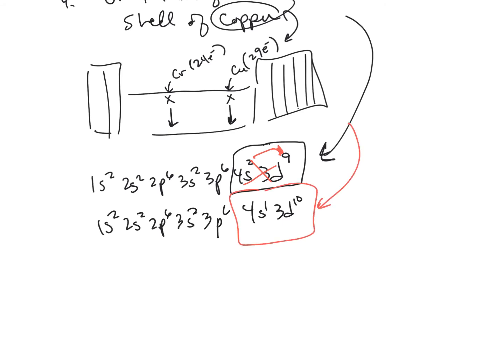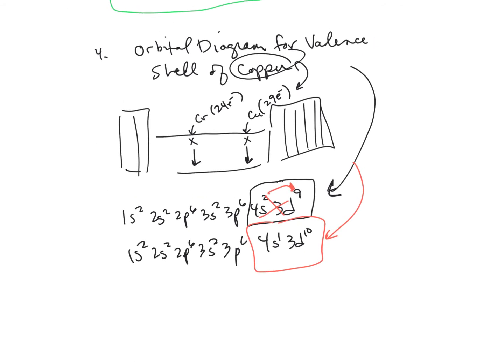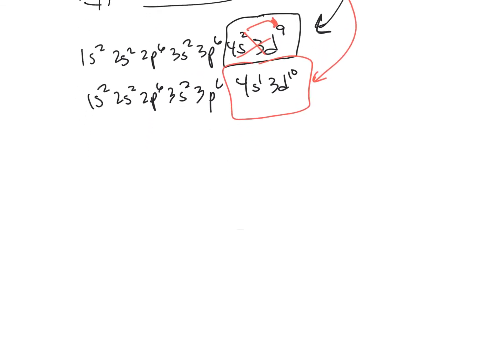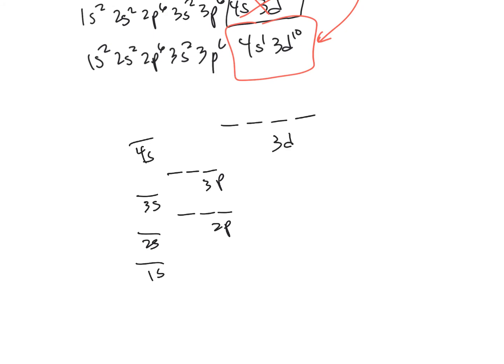Now, if you were going to do the orbital diagram, which it did not ask for, it would be 1s, 2s, 2p, 3s, 3p, 4s, 1, 2, 3, 4, 5, 3d.